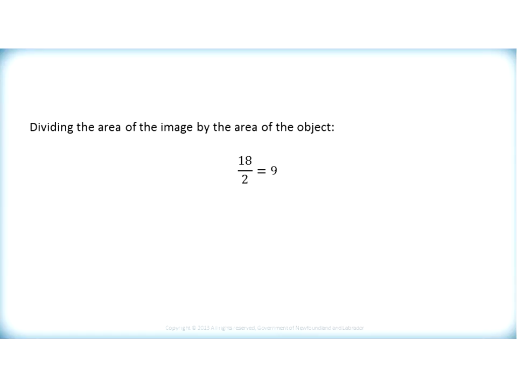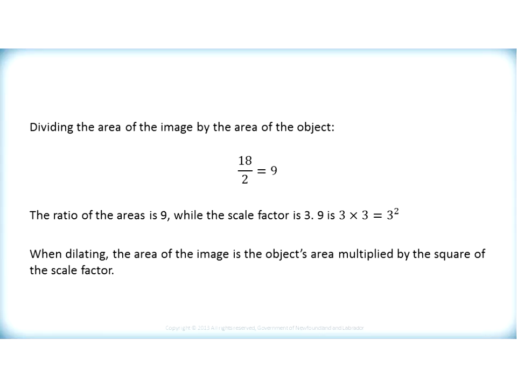So the area of my new image is 9 times larger than the area of the original object, is what that's telling me. The ratio of the areas is 9, but remember, our scale factor was only 3. So how can I relate the number 9 to the number 3? Well, 9 is equal to 3 times 3. Or in other words, it's equal to 3 squared.